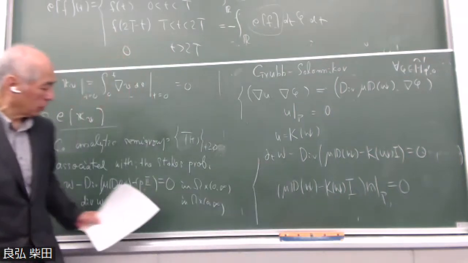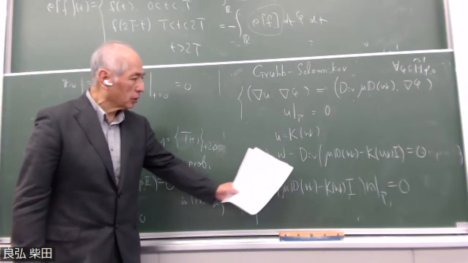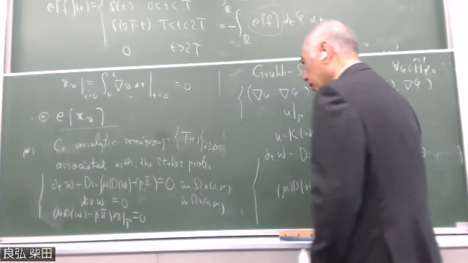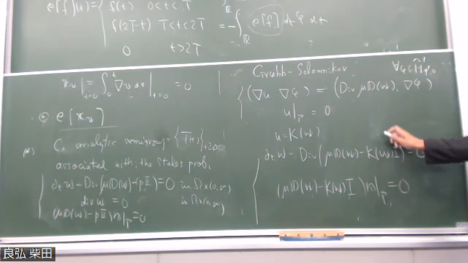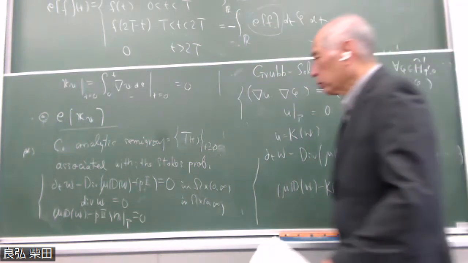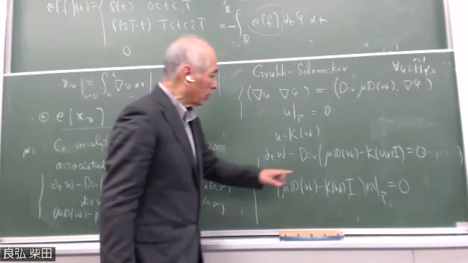So this equation and this equation are equivalent, meaning that if you can solve this equation, then you put this as pressure P. If you prove the existence of this solution, then you automatically can prove divergence W equals 0. Then you take pressure P, this one, right? On the other hand, of course, if you solve this equation, then P coincides with this KW.